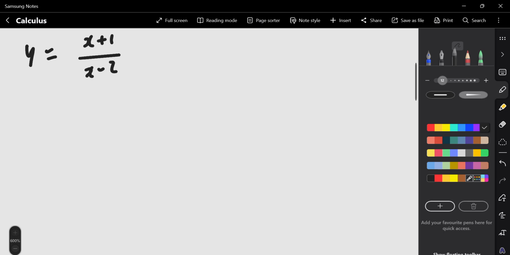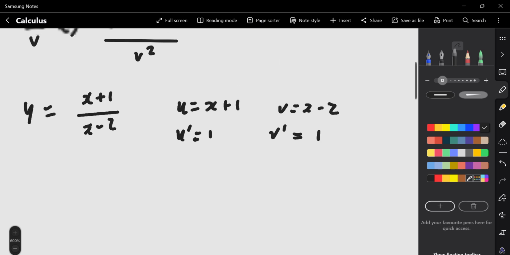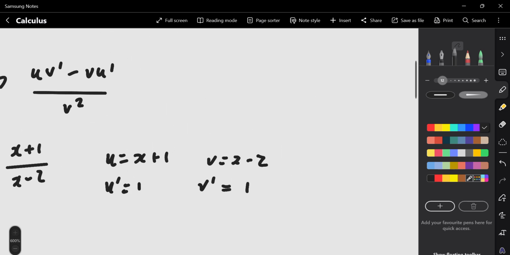x plus 1 over x minus 2. Okay. u equals x plus 1. Write it out. Let's go u prime. It's going to be 1. v equals x minus 2. I should have really done a power or something. v prime equals 1. u v prime is the formula, so plug it in here. u times v prime, well, that's just going to be x plus 1. Minus v times u prime.